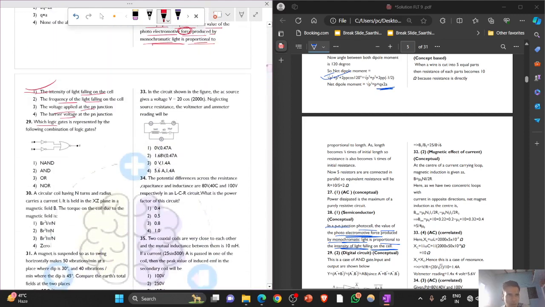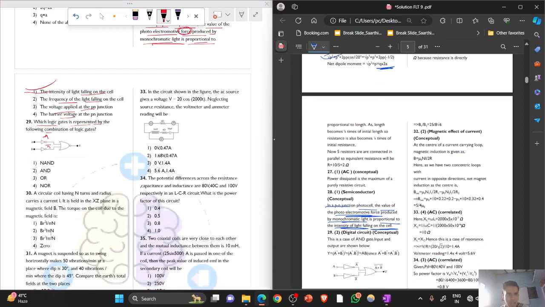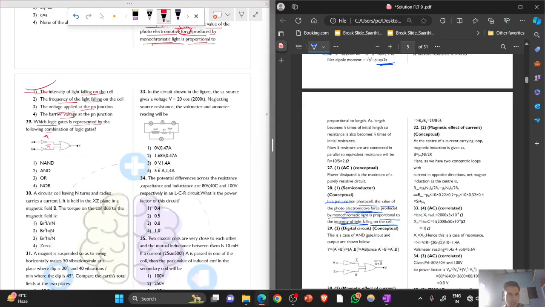Now, which logic is represented by this? You understand it. A NOT, A bar, and once you solve it out, it comes out to be an OR with NOT gate. So OR of A bar, B bar, or putting A bar plus B bar, the whole bar, it behaves like AB.